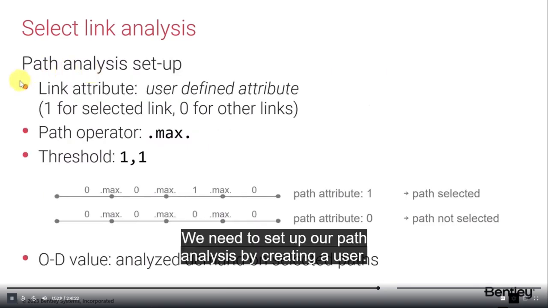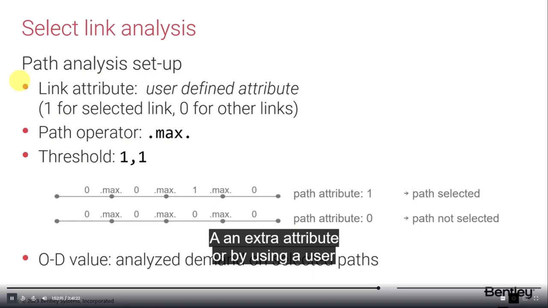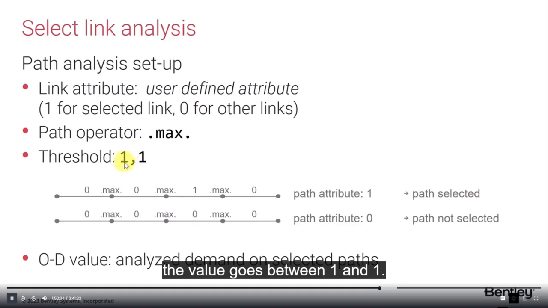We need to set up our path analysis by creating an extra attribute or by using a user attribute, which is set to 0 everywhere except for the link or links which we want to select. The path operator will be the maximum operator, and we will set a threshold of 1. So we select every path where the value goes between 1 and 1.